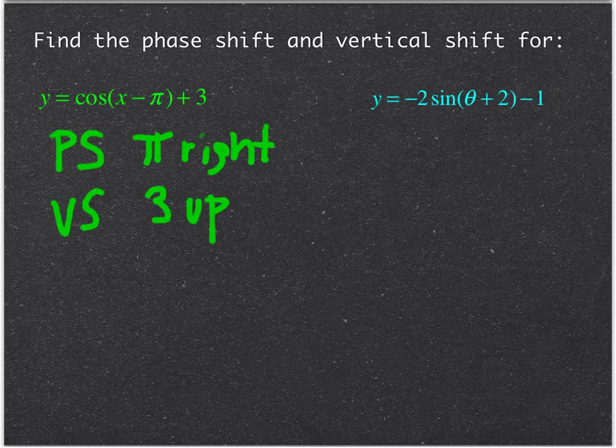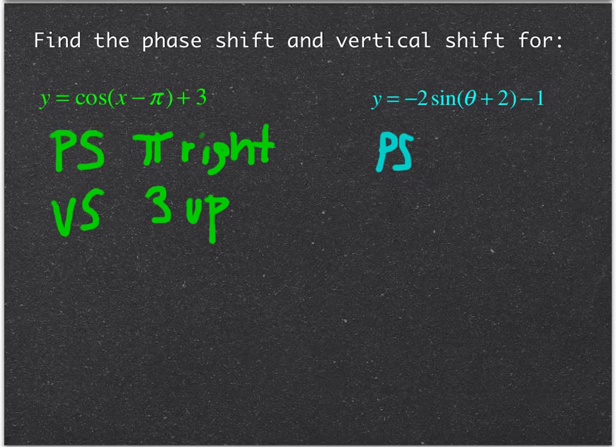So pretty straightforward. Now it gets a little trickier on the one over here. Let's take a look at the next one. Once again, the phase shift here is going to be the thing that's in the parentheses. Notice I have theta here for a variable, and theta and x really mean the same thing. It's just the variable we need, so don't be fooled by that.